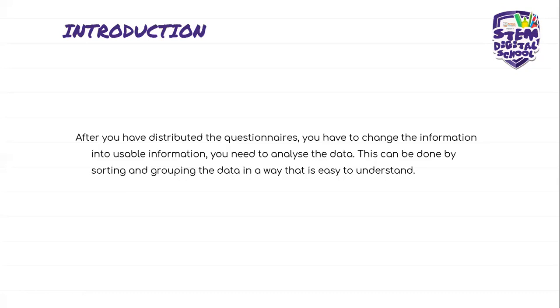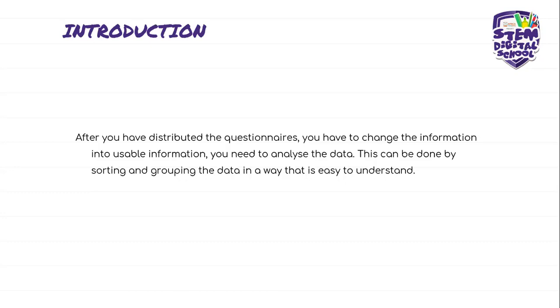Now you have collected the data, you have to put it in a spreadsheet, for instance, so that you can sort and group the data in a way that is easy to understand. When it's easy for you to understand, you can now move to the final step of writing your report.